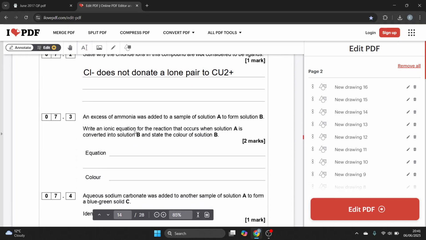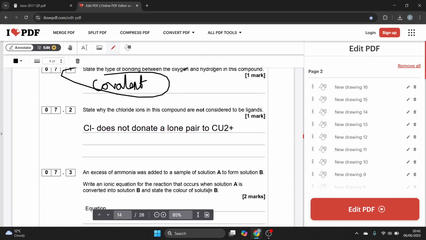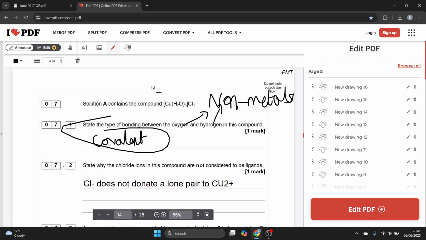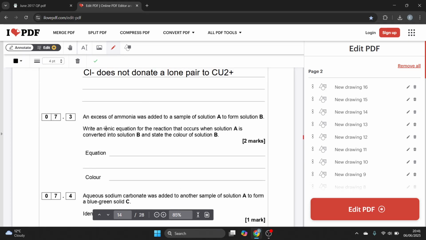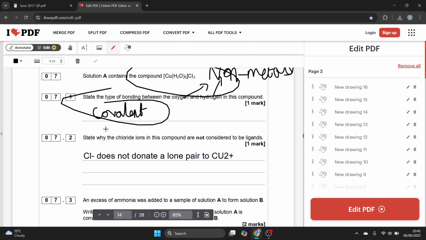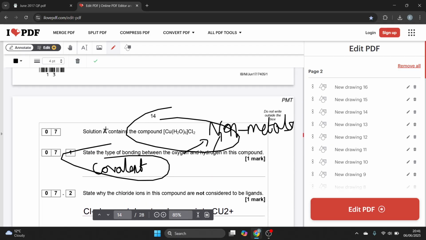An excess of ammonia is added to sample solution A to form solution B, where solution A is this. And it said excess of ammonia. Okay, so with copper, it's going to be Cu2 plus, and you do need to know this one off by heart.